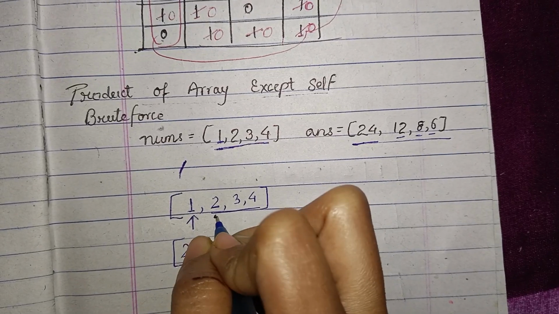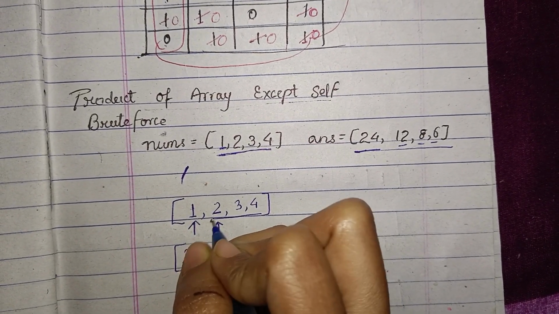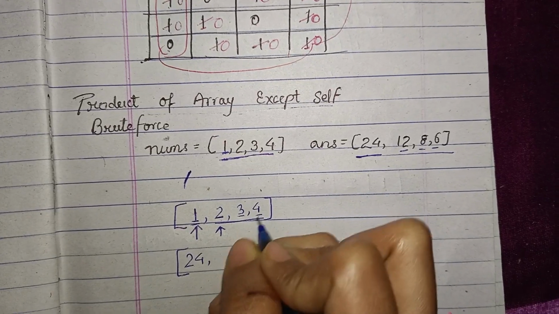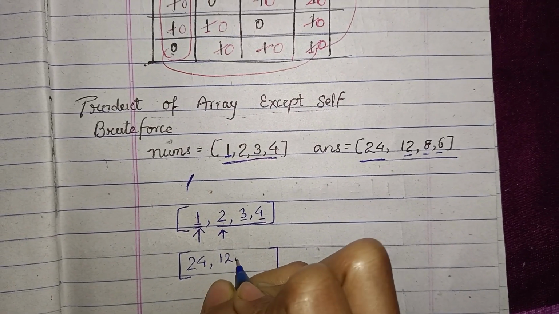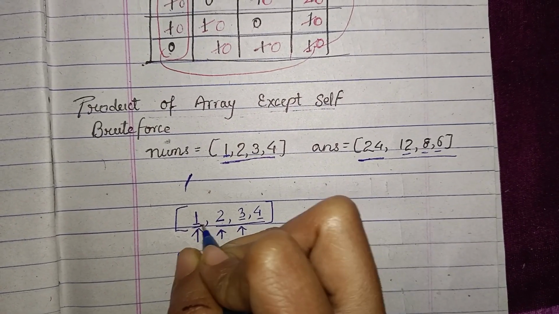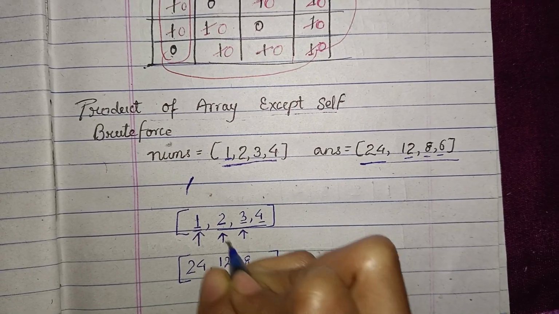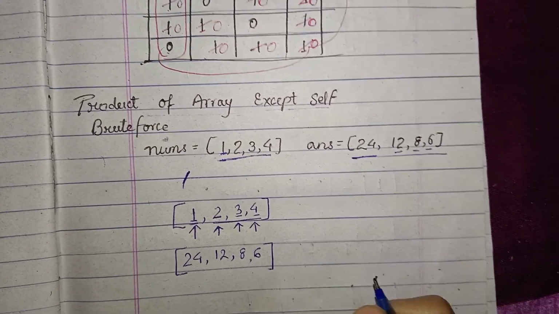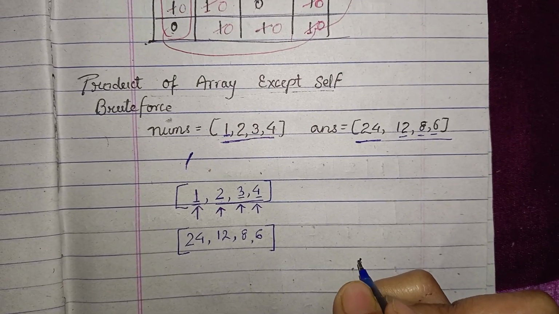After that, when we travel, when we are at the first element we can just do 1 into 3 into 4, it will be 12. Then when we move here it will be 2 into 4, 8, then we move here, then 3 into 2, 6, like this. Okay, so how can we do it?